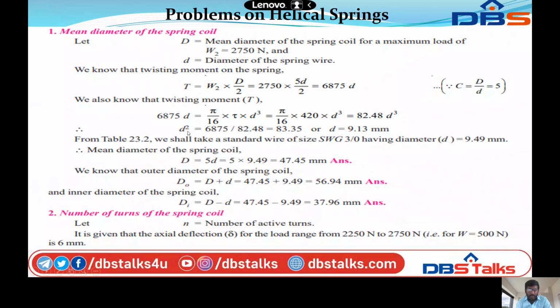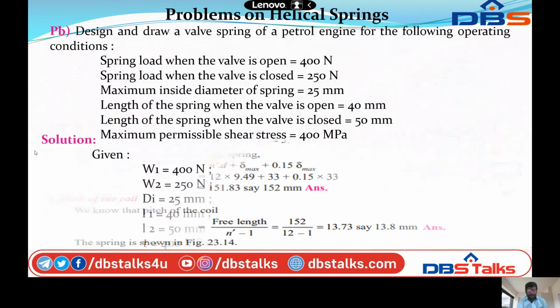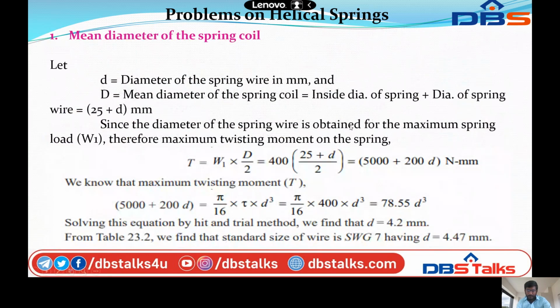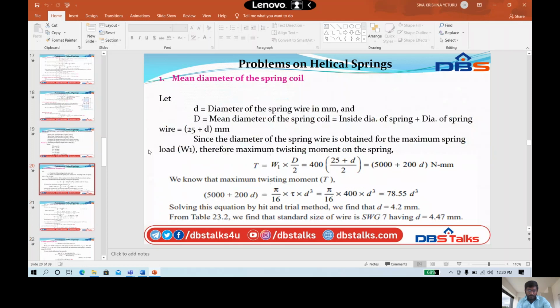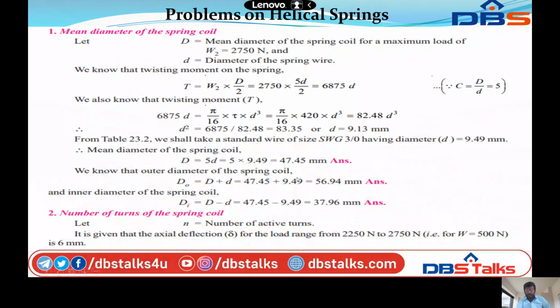We can see the table. We shall take the standard wire of the size SWG 3/0, having diameter small d equal to 9.49 mm.